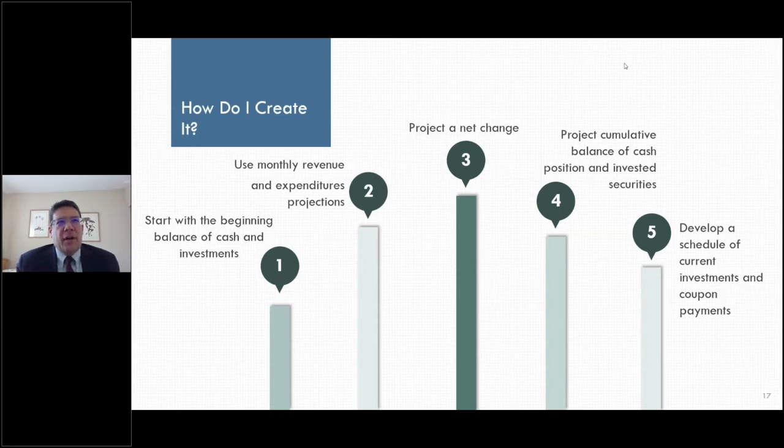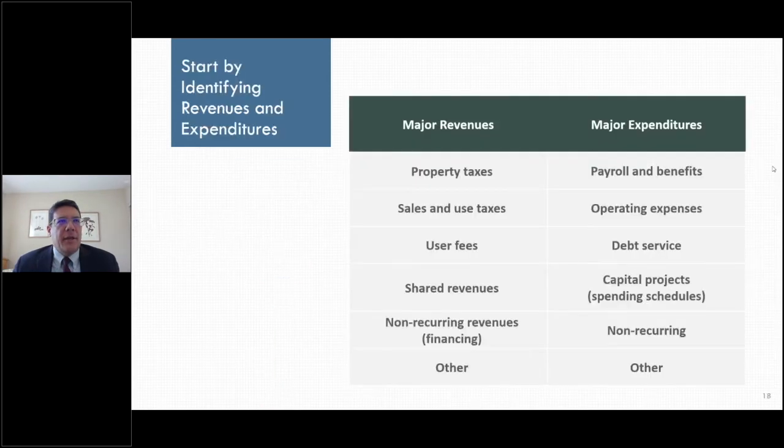From there, it's going to adjust your balances going forward month to month and thereby inform you how much money you have available to invest. From there, you could develop a schedule of your current investments and when you have maturities and coupon payments coming into the portfolio, to give you a broader idea of the cash coming in.